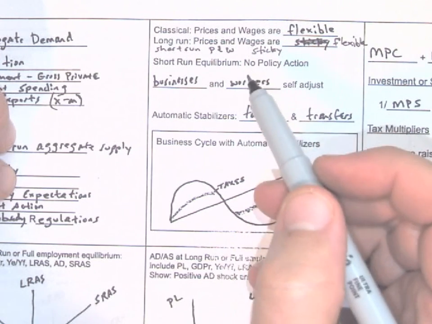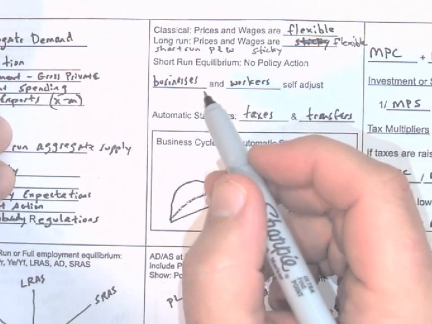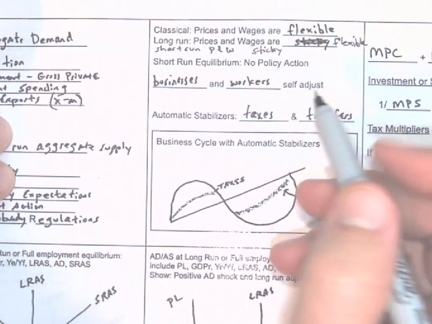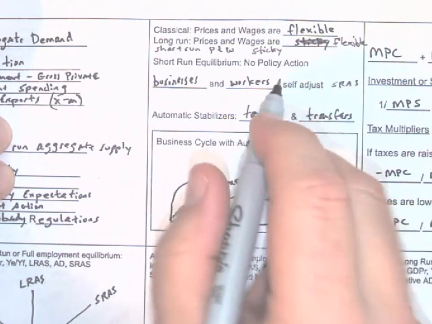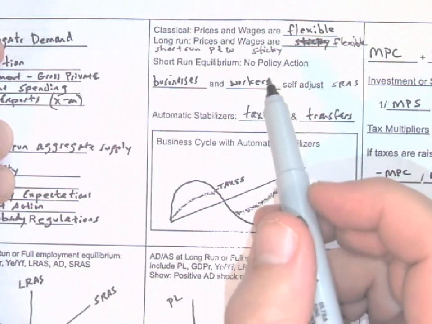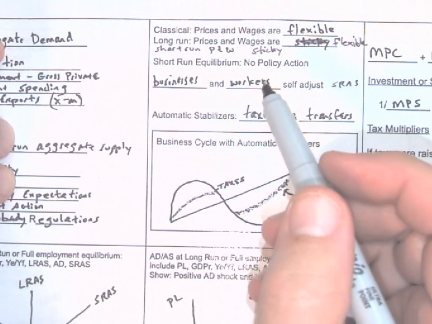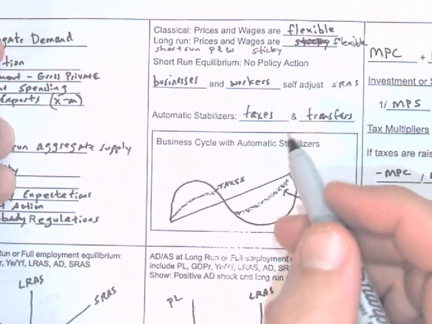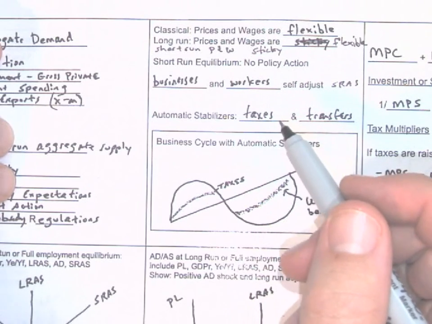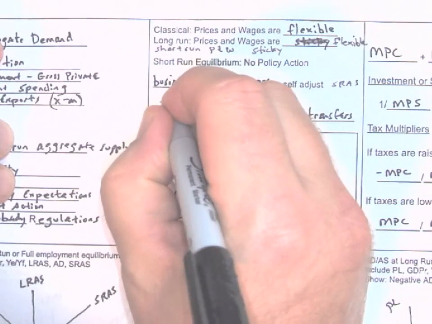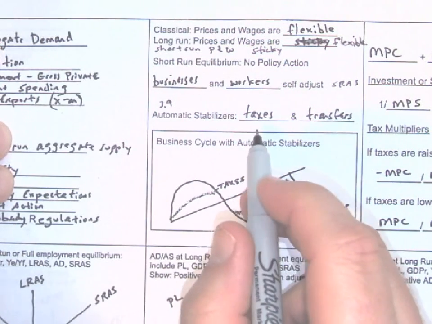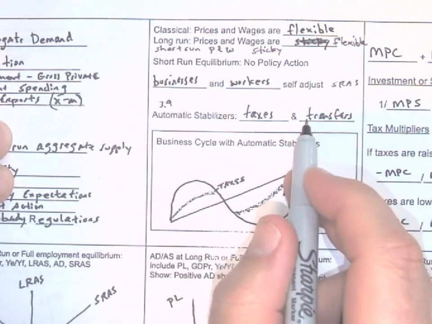And what we did in section 3.9, also in the short-run equilibrium, if there's no policy action, businesses and workers are going to make the self-adjustments, and think of them as short-run aggregate supply, because that has to do with the prices of businesses and the wages of workers. So if there's no policy action taken, we have these automatic stabilizers, which was section 3.9 in Unit 3, and those are going to be taxes and transfers.